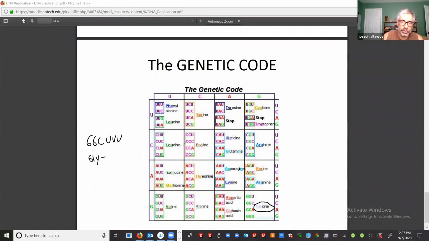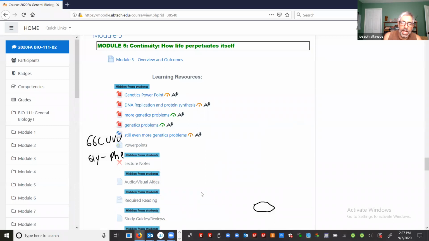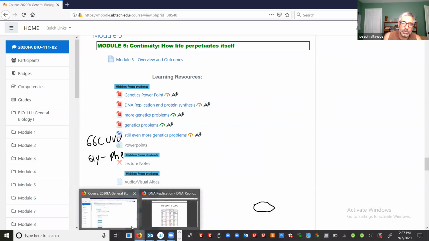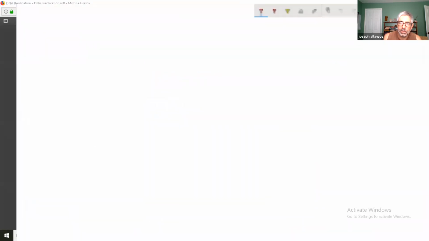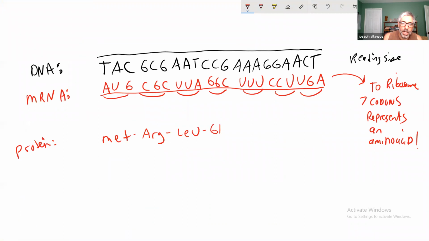And UUU should be easy to find. It's phenylalanine, or PHE. So glycine, phenylalanine.